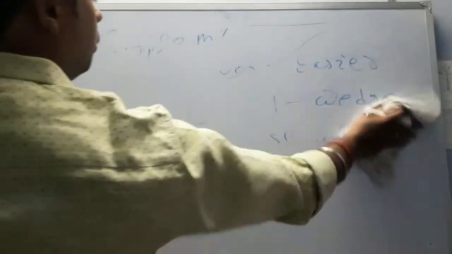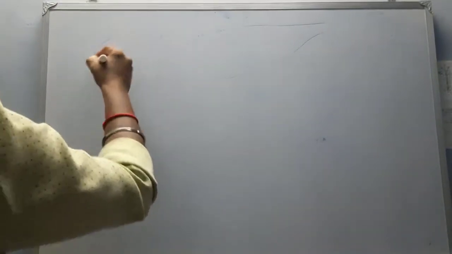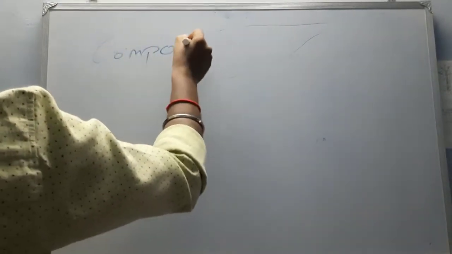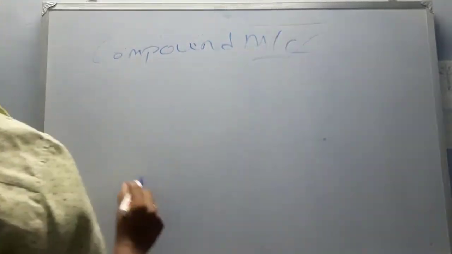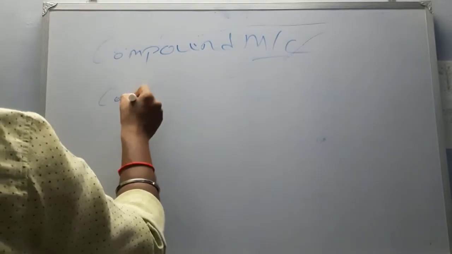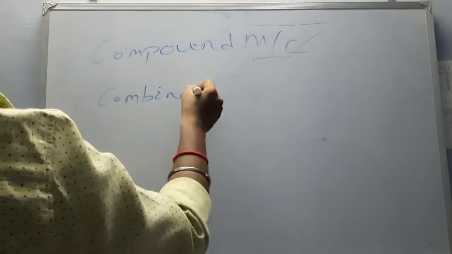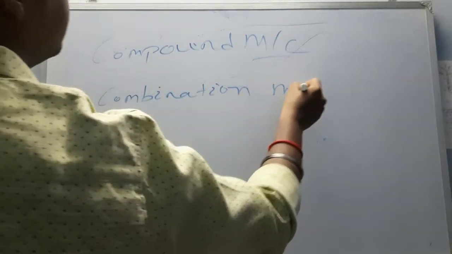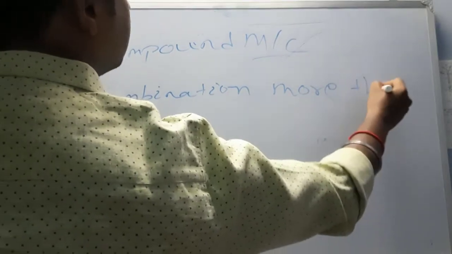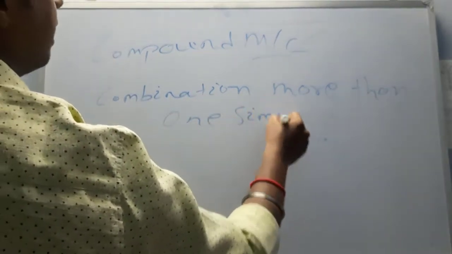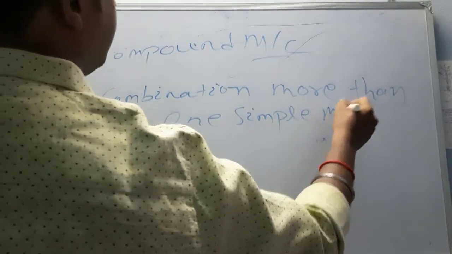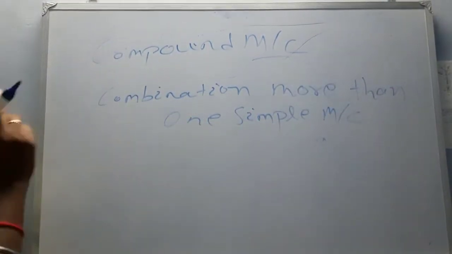Then let's move on to compound machine. Compound means more than one. So it is a combination of more than one simple machine. Simple machines are assembled to give the frame of a compound machine.